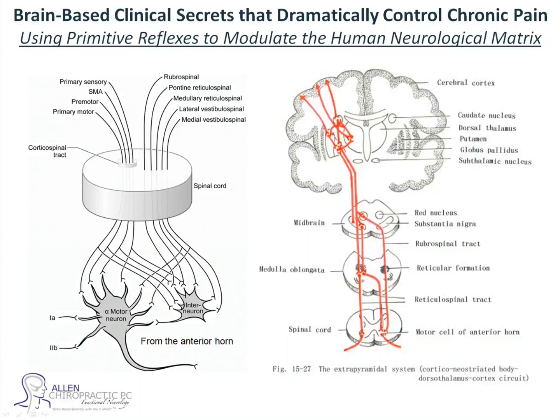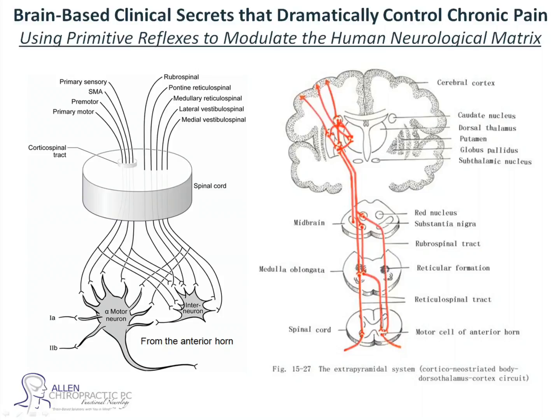Here on the left-hand side is a display of outgoing efferent fibers: rubrospinal, pontine reticulospinal, medullary, lateral, and medial vestibulospinal outflow, primary sensory, premotor, etc., all the corticospinal outflow, and how that stimulation affects interneurons, which affect the alpha motor neuron in the anterior horn of the cord, the final common pathway.